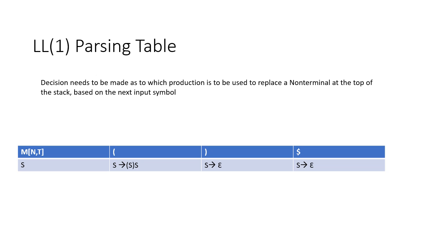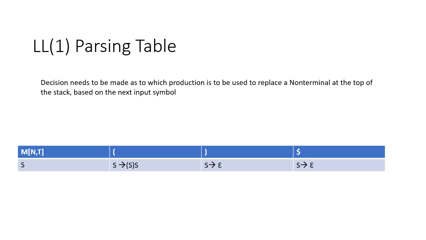So how do you interpret this? This table can be read like this. If the element at the top of the stack is S, and our next input symbol is opening parenthesis, then use this production. If the element at the top of the stack is S and the next input symbol is closing parenthesis, then use this production.